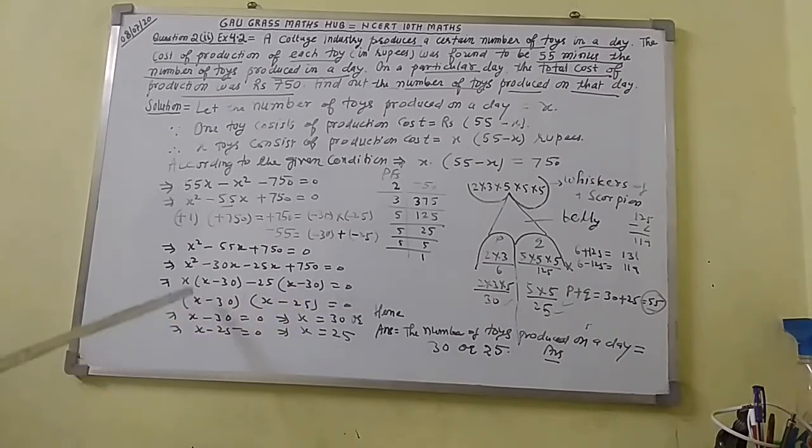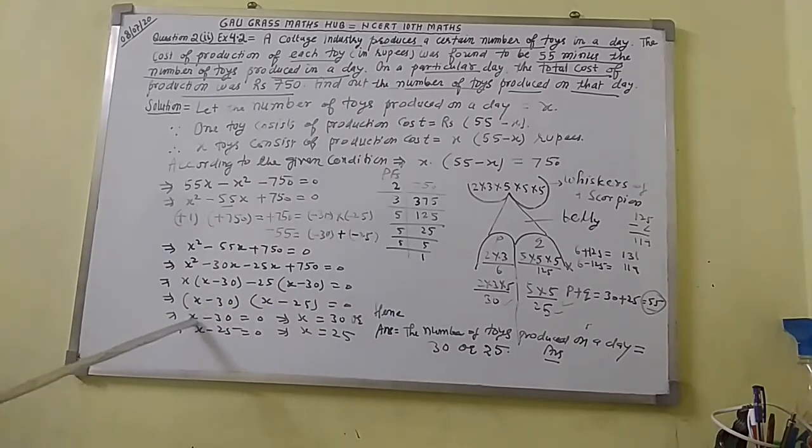Equal to 0. Here you have got two terms. Looking at both terms, you will get x minus 30 as a common. In one bracket it comes out to be x minus 30, in another bracket it comes out to be x minus 25, equal to 0. Here you can get x minus 30 equal to 0, because the whole term on the right hand side will become 0.